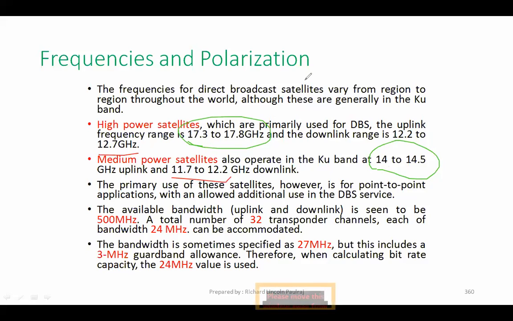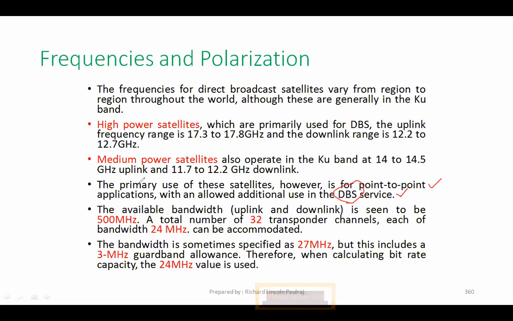The primary use of these medium power satellites is that it can be used for point to point, and also it can be used for DBS, which is direct broadcasting satellite service. So this will be in the form of your communications or entertainment, to be specific.